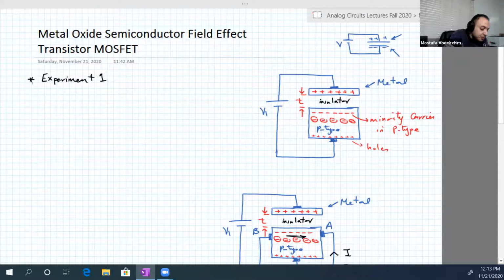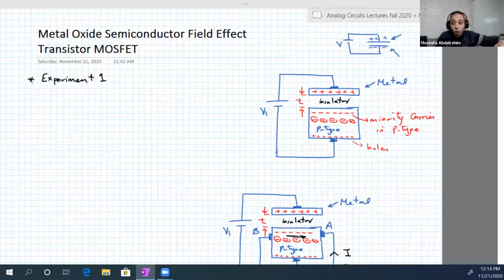Since the p-type is connected to the negative terminal, the holes will be attracted away from the surface of the plate, which is close to the positive charge on the metal plate. When the holes move down, they leave behind negative ions, remember this from the p-n junction, and some minority carriers, which are the electrons.